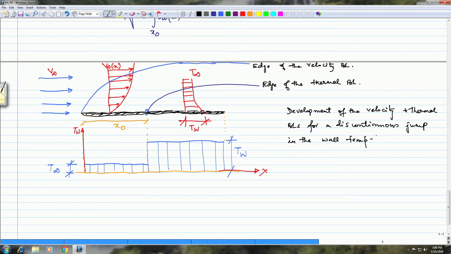In the wall temperature, at this position, that's basically what this picture is telling you.